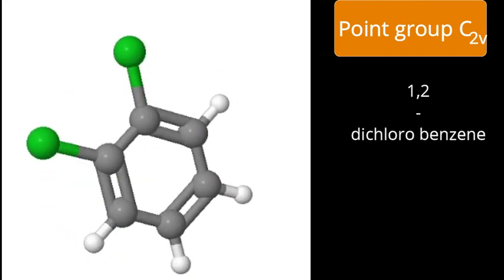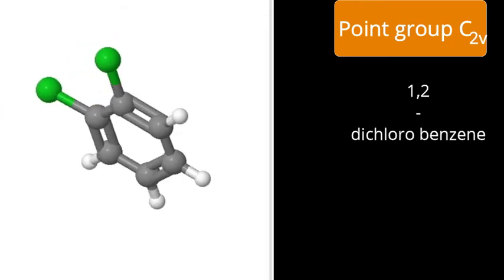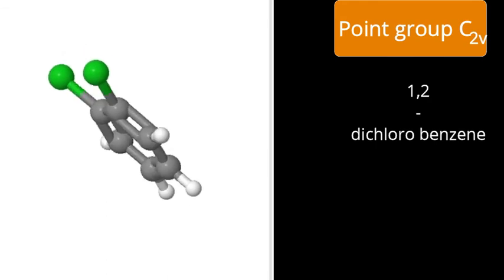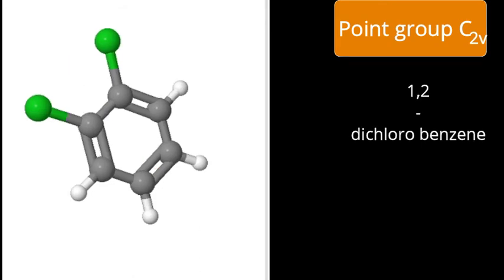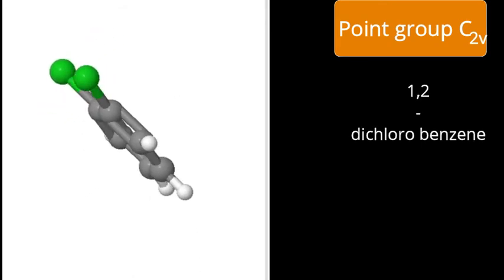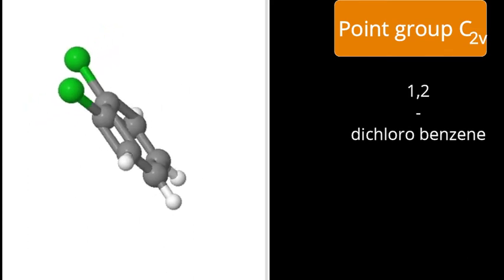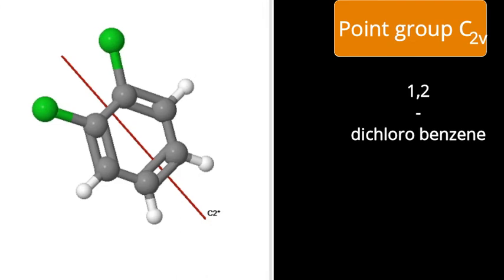Interesting molecule: 1,2-dichlorobenzene. The green colored atoms are chlorines, white colored are hydrogens, and black or gray colored are carbons. Can you find any line or axis passing through the molecule, such that if we rotate the molecule, we find a similar structure?